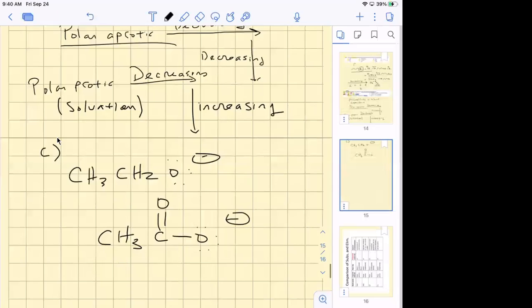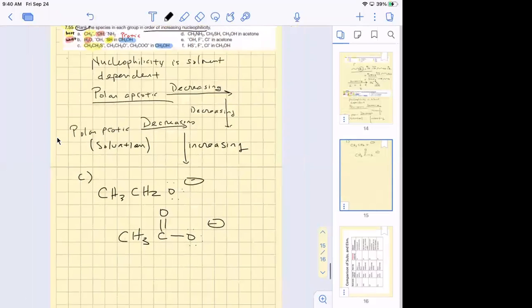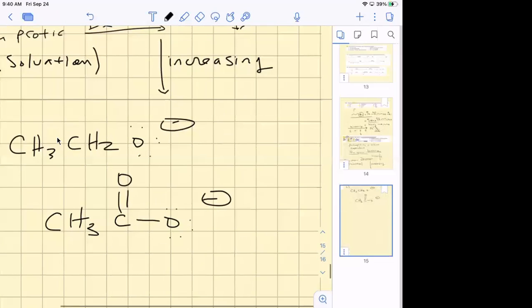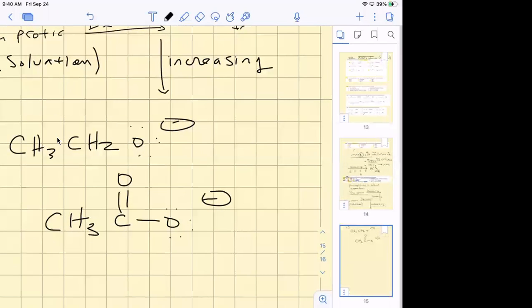All right, so now we're looking at these two potential nucleophiles. Which one do you think is better? The charges are on oxygen in both cases. What do you think? The bottom one. Okay, why do you say that? Because it has two oxygens attached to it. That's a good assumption. But let's think about what nucleophiles do.